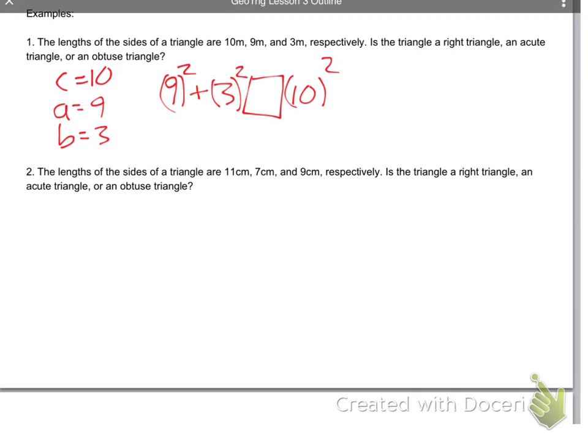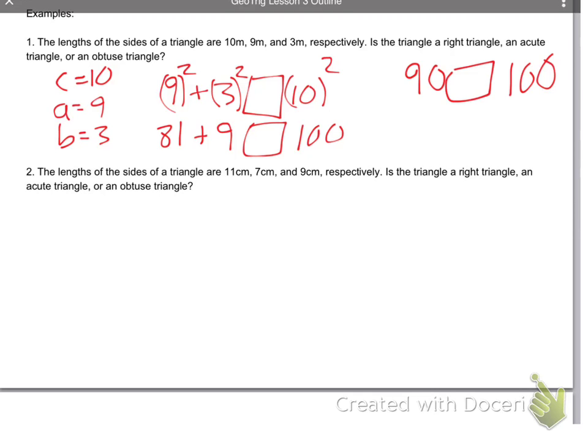9 squared? 81 plus 9 equals 100. No, it doesn't equal 100. It's less than, because 81 plus 9 is 90, and 90 compared to 100, it's less than.